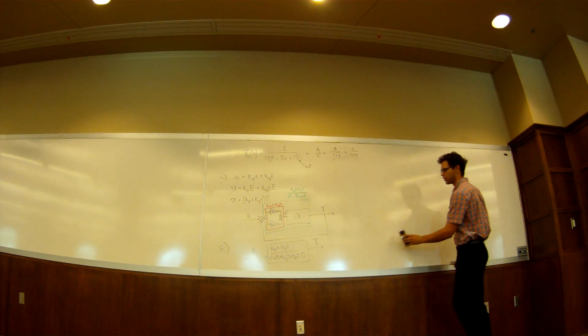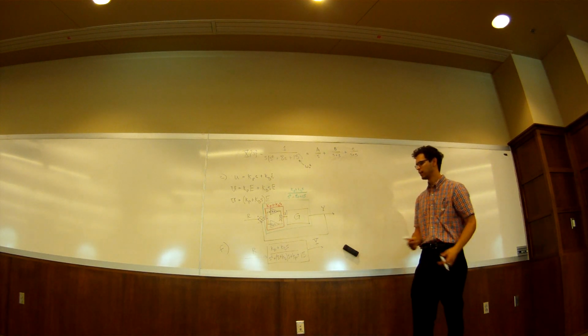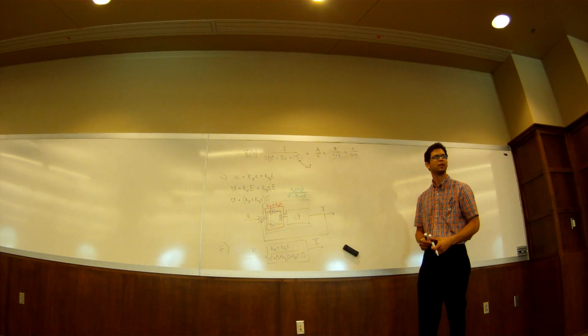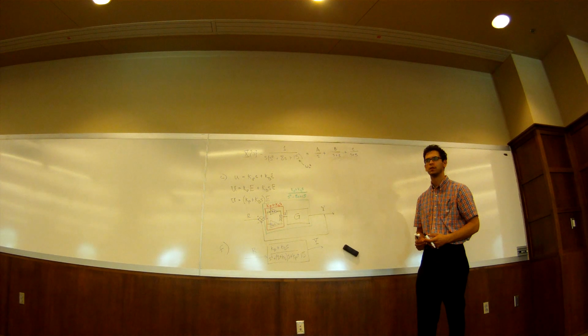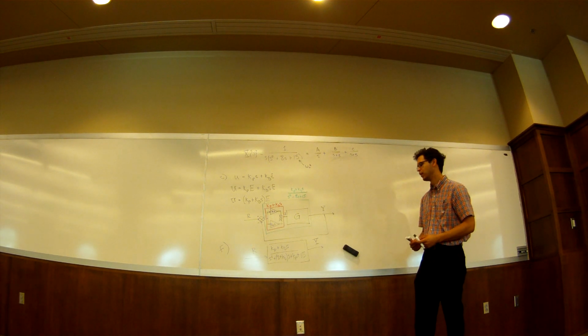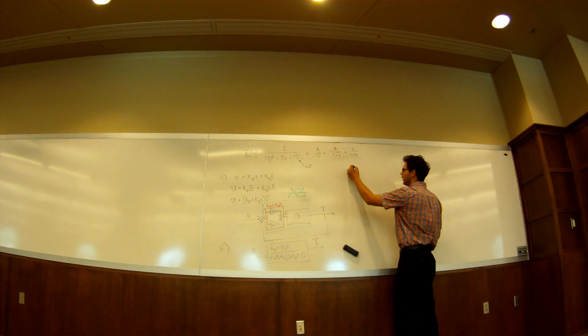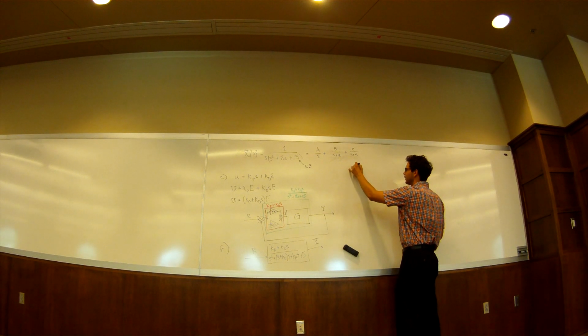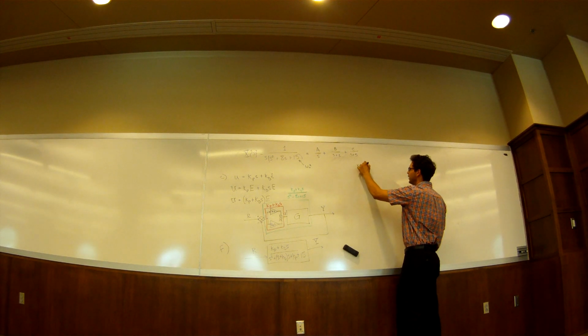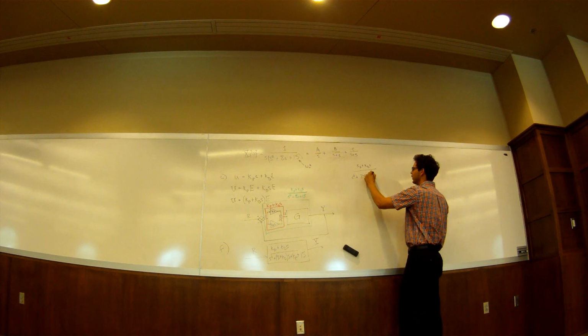This problem was really open-ended. What's the general form of that? It depends on what KP and KD are. You could get something that looks like KP plus KD S over S squared plus 2 zeta omega n S plus omega n squared.